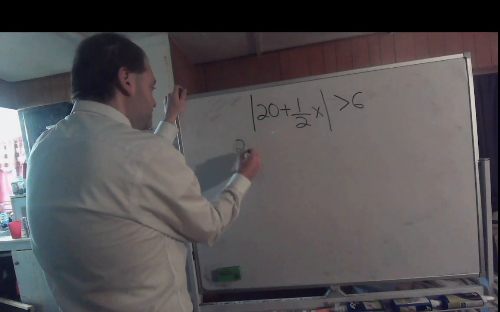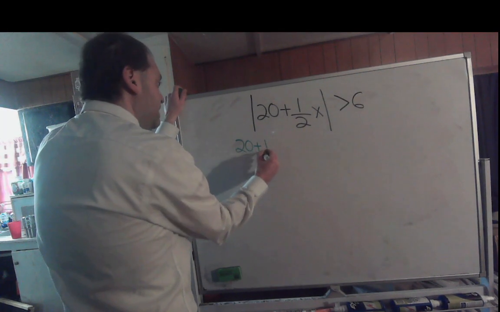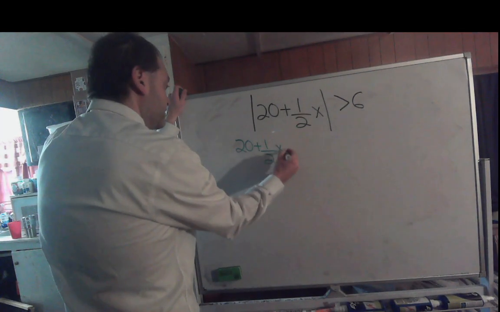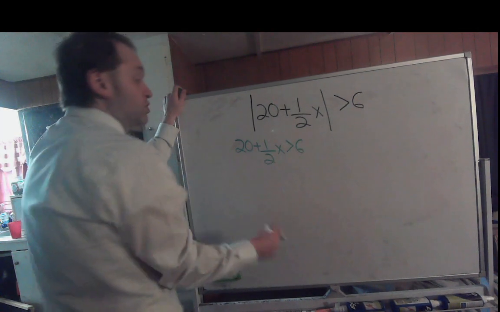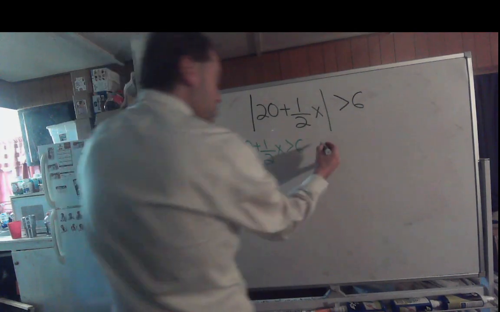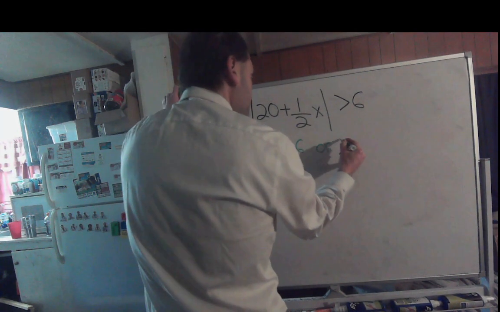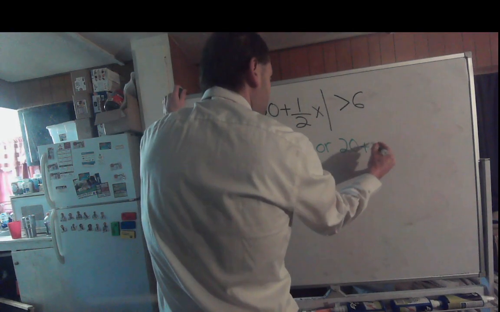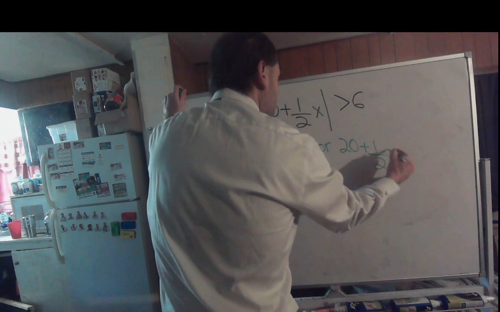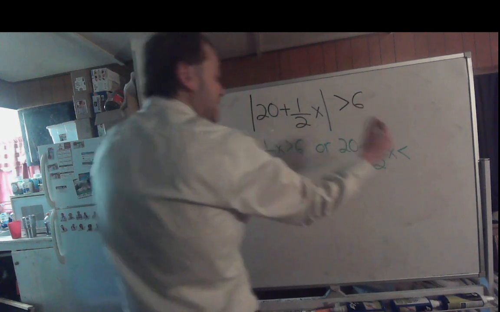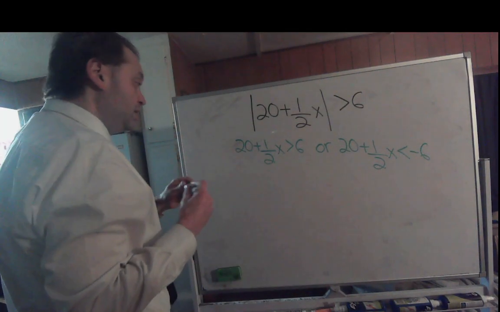Of course, you'll have 20 plus 1/2 x itself is greater than 6. Greater means you'll have an or. You'll have that 20 plus 1/2 x is less than negative 6. Now solve your two inequalities.